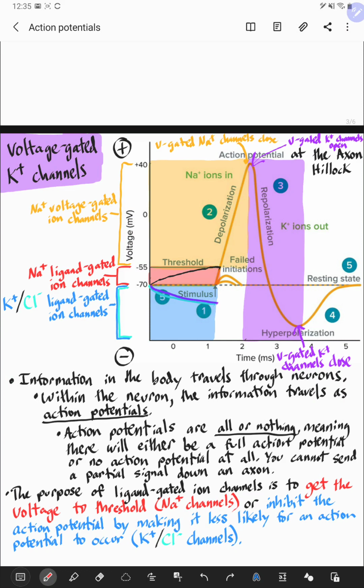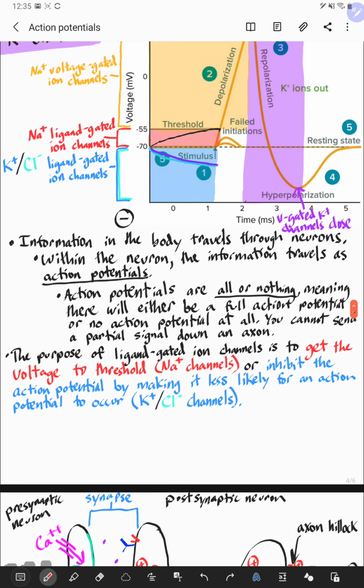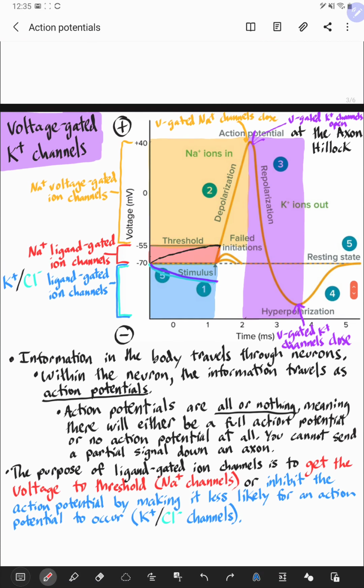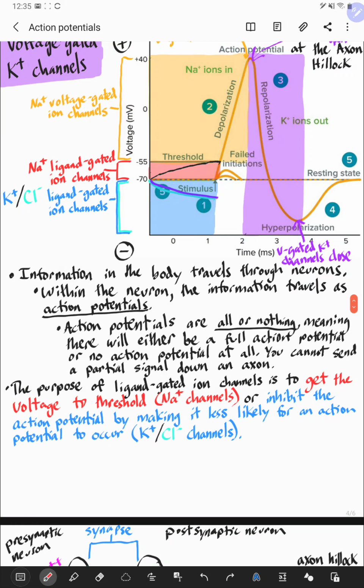But keep in mind, I just wanted to point out that there can be some level of interaction where we have two different signals for the same neuron, and it just ends up being an averaged out amount. Maybe if the sodium alone was entering, we would get all the way up here.